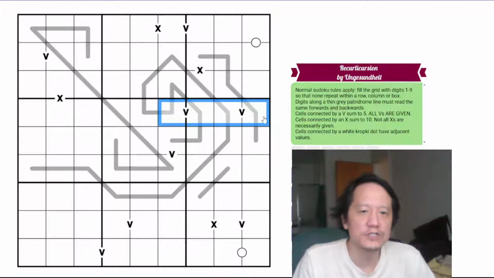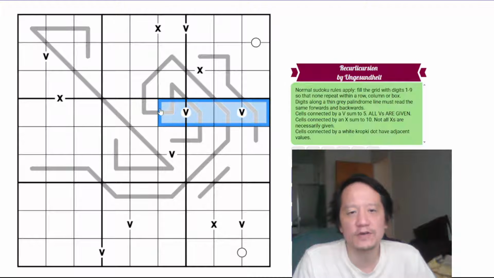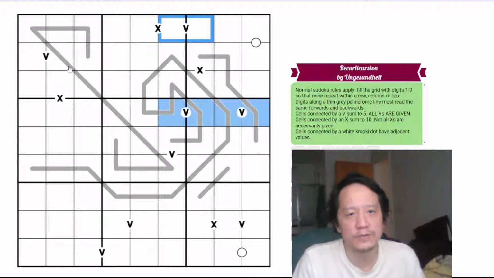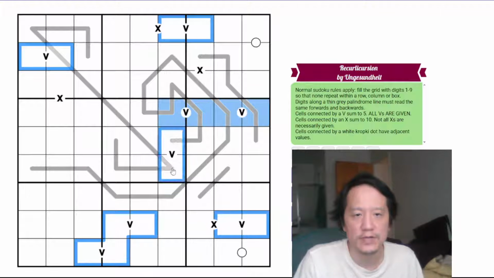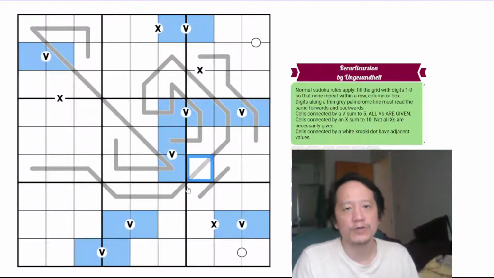So the low digits have to be blue. Those are the digits 1 through 4. And the only digits that can add up to 5 are 1 through 4. So these are low, these are low, these are low, these are low, these are low, and these are low. We know that for certain.